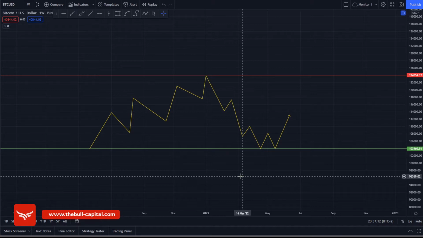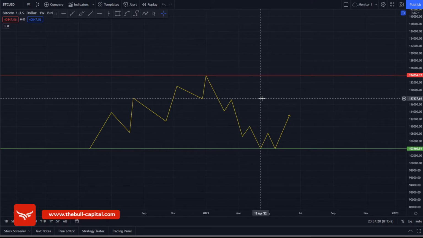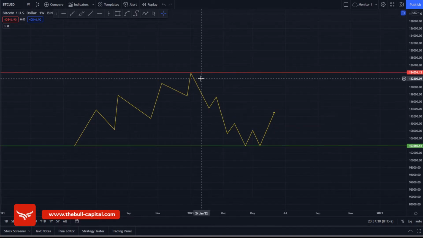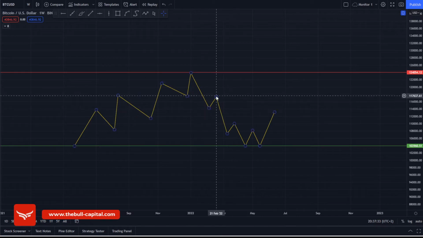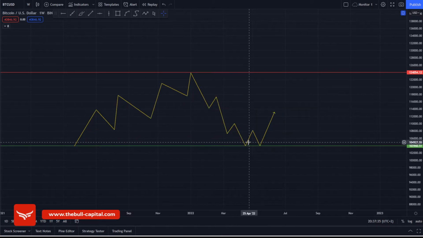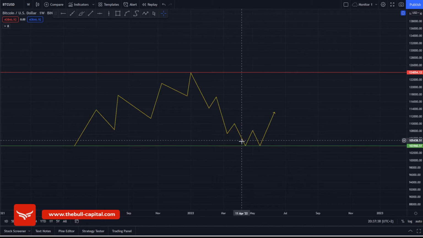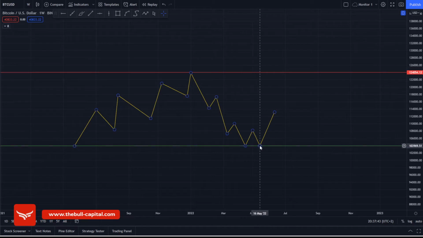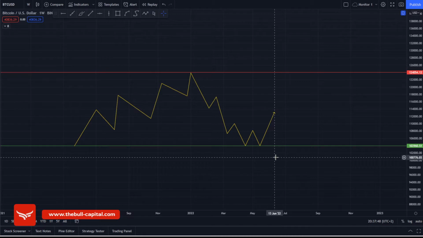Let's talk about support a little bit. Support is an area on a chart where price has dropped but struggled to break below. For example, let's take what I drew here. This is the price, it's coming lower, it touches the support and bounces up, it comes again, and it bounces again. It holds the price.